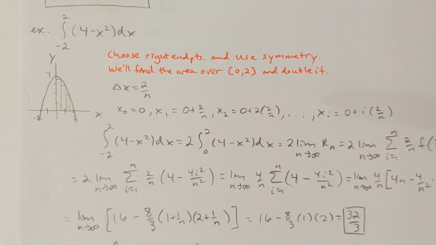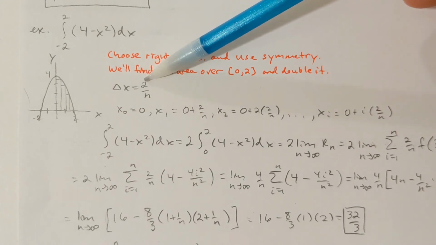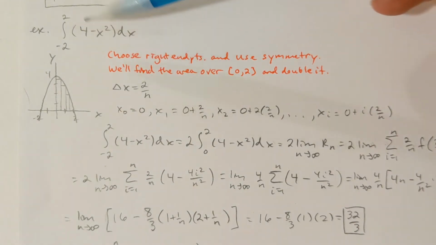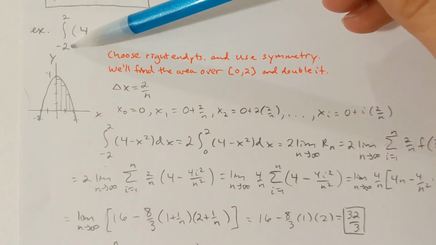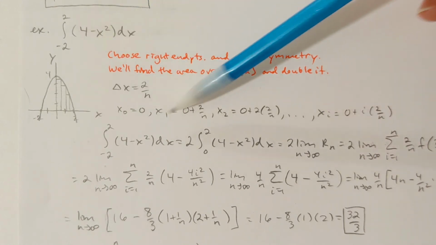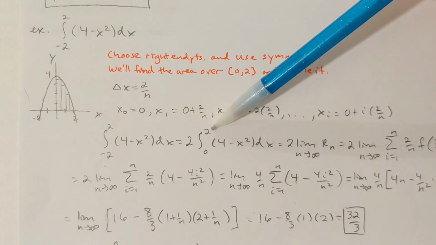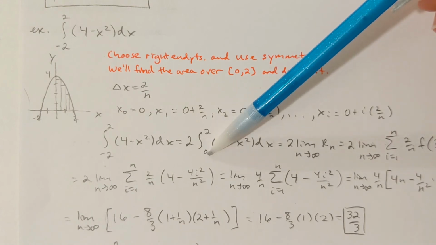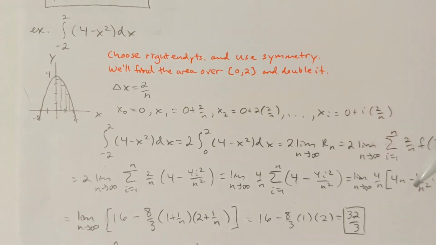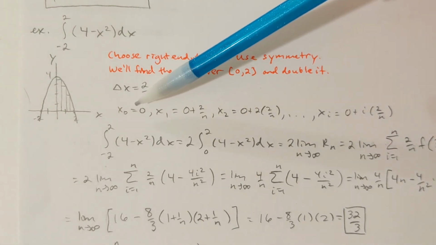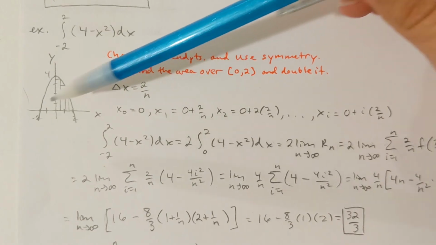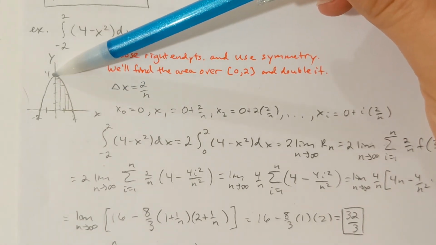The width of each rectangle is b minus a over n. Excuse me, I'm using symmetry here. So b is 2, a is 0. 2 minus 0 over n would be 2 over n. Okay, and x sub 0 is 0.